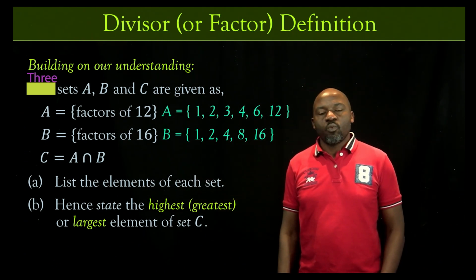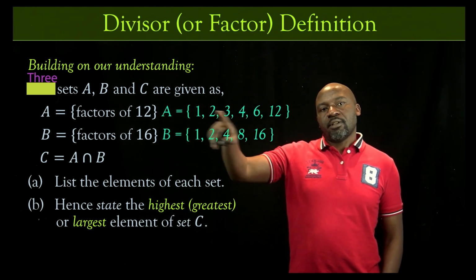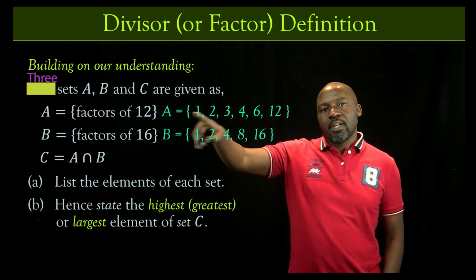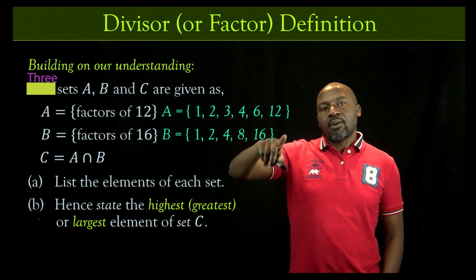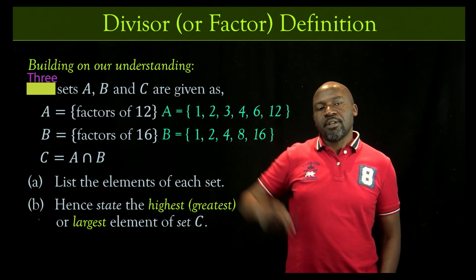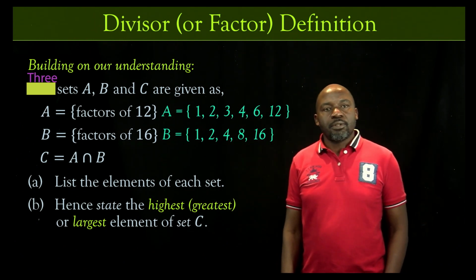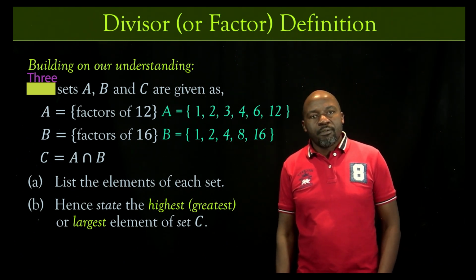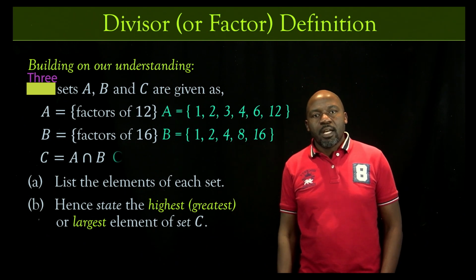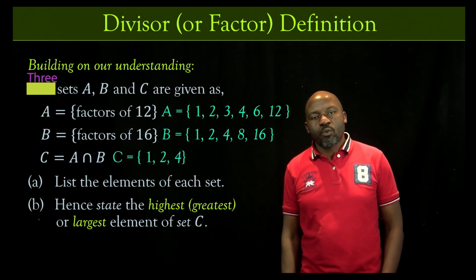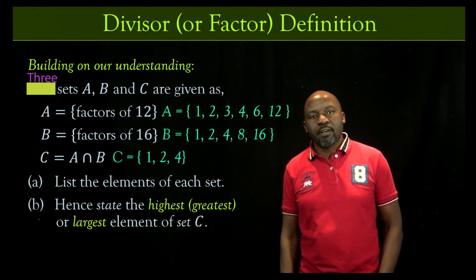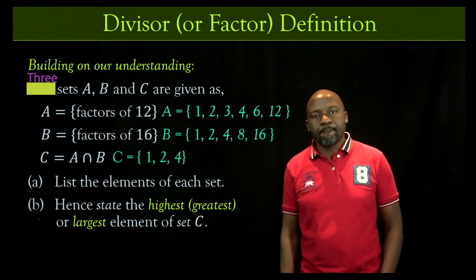Then the question is, which of the elements of set A, the factors of 12, are also factors of 16? You can see 1 is there, 2 is also common, and 4 is also common there. And so we can list the common factors as 1, 2, and 4. Please check carefully and see that we get the same thing.